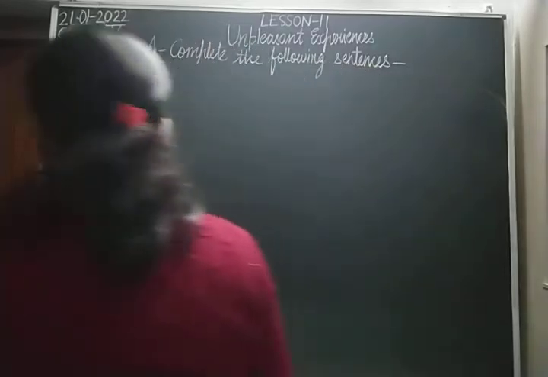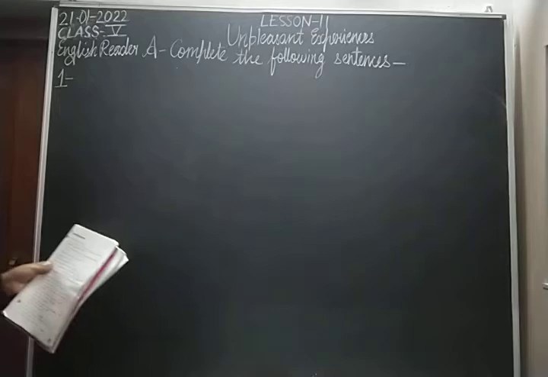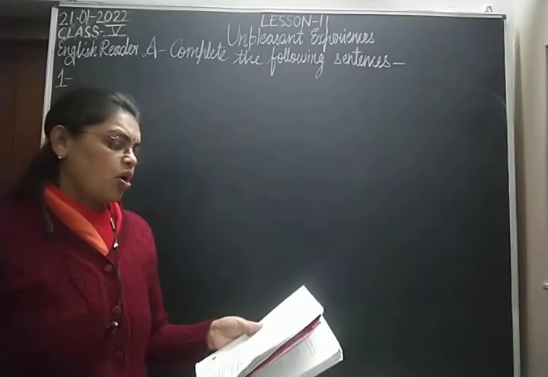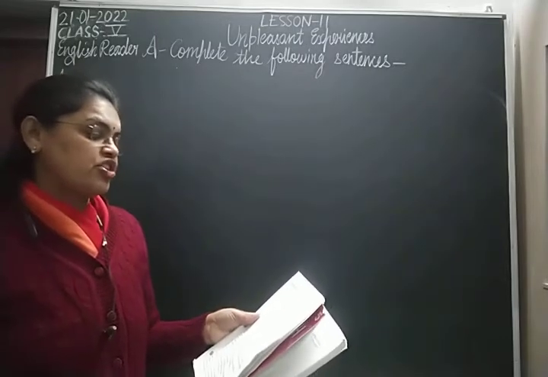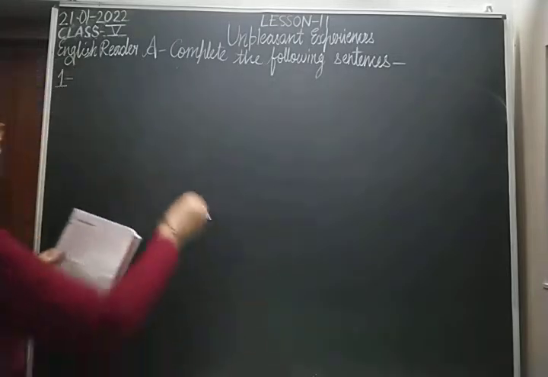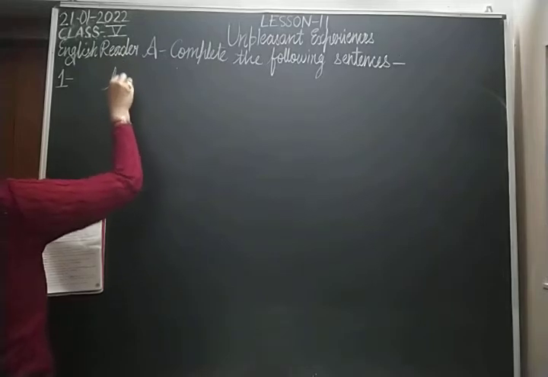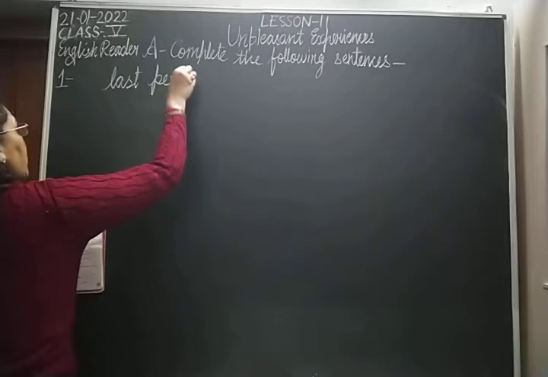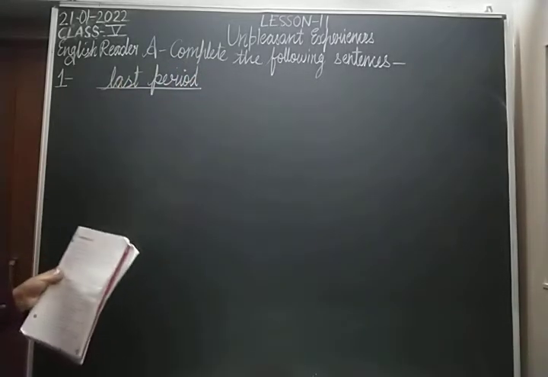Okay. The first fill in the blank is, it was the dash of the dash before vacations and the students were waiting for Ira ma'am. So, in the first blank you write it was the last period. Right? Last period. All of you write last period in the first blank.